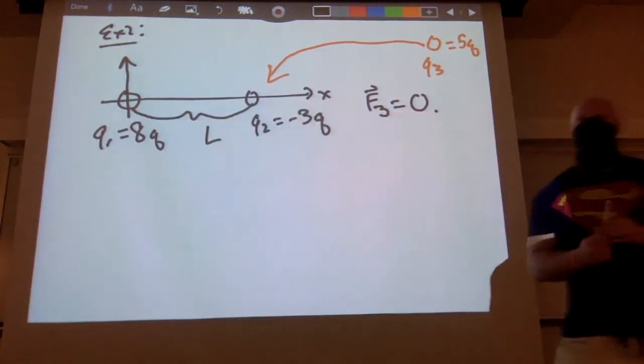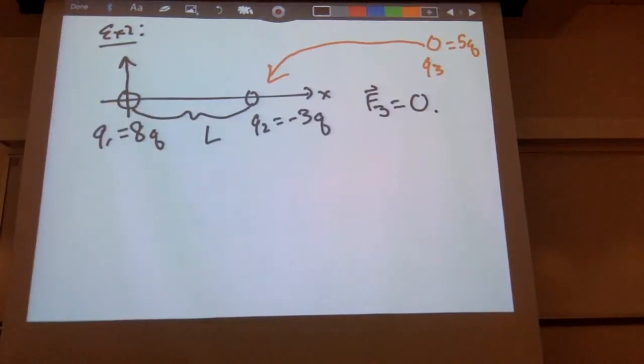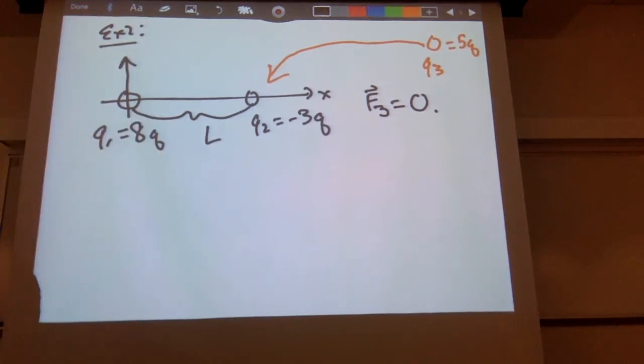Okay with this? So to do this problem, we can't just arbitrarily say it's going to be somewhere. We have to first figure out where is a location along here where it makes sense that it can be put. Then we can go through the math and actually solve it. So naturally, we're going to have 3 locations.